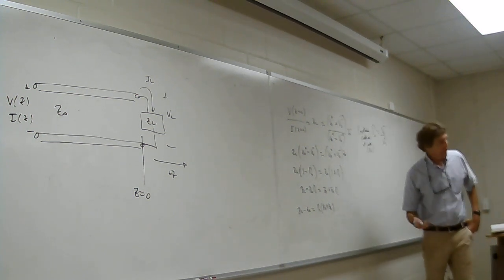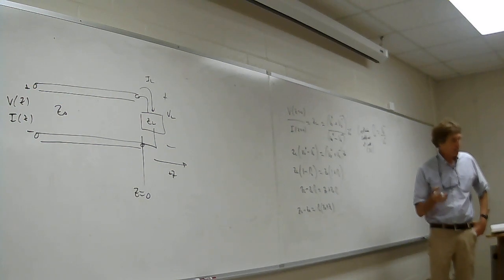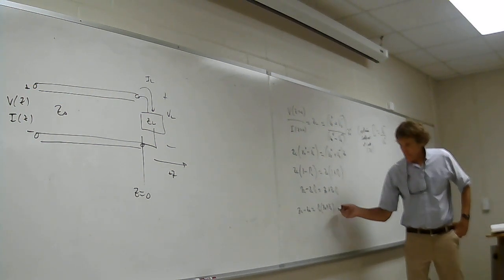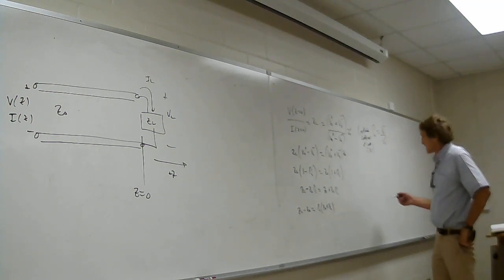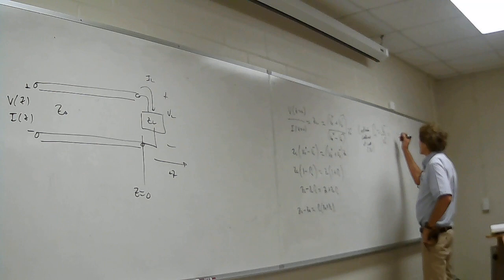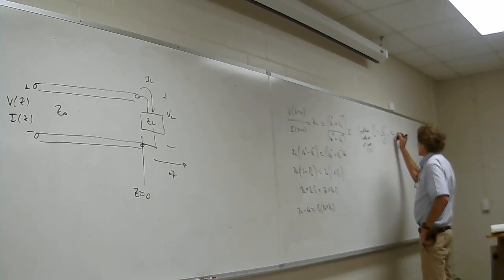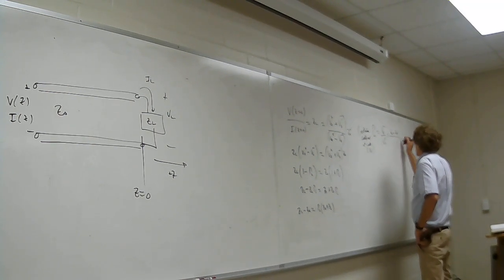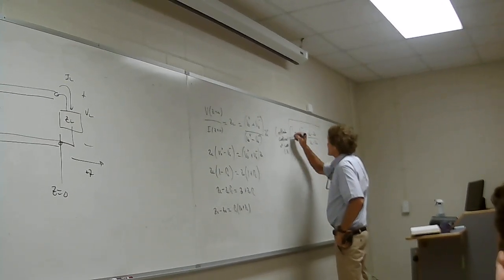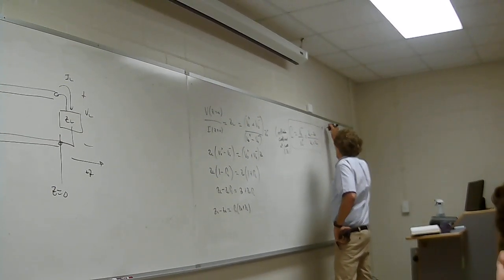Again, just rearranging things, because now I'm going to divide both sides by Z naught plus ZL, and this becomes the definition of the reflection coefficient below. It's important you appreciate this. This is ZL minus Z naught over ZL plus Z naught. And this is very, very important that you know.